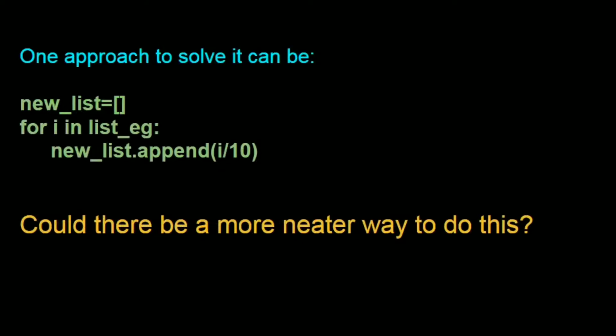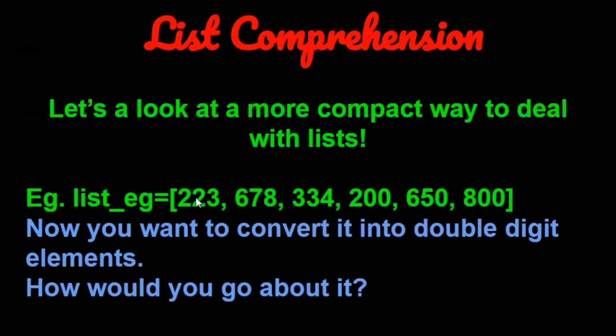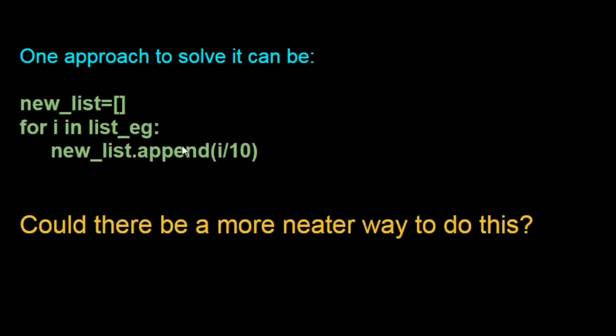Well, one of the approaches can be to take an empty list, and for the variable i in the previous list, that is, i in list example, you keep appending i divided by 10, right? So it basically is a 4-line code.